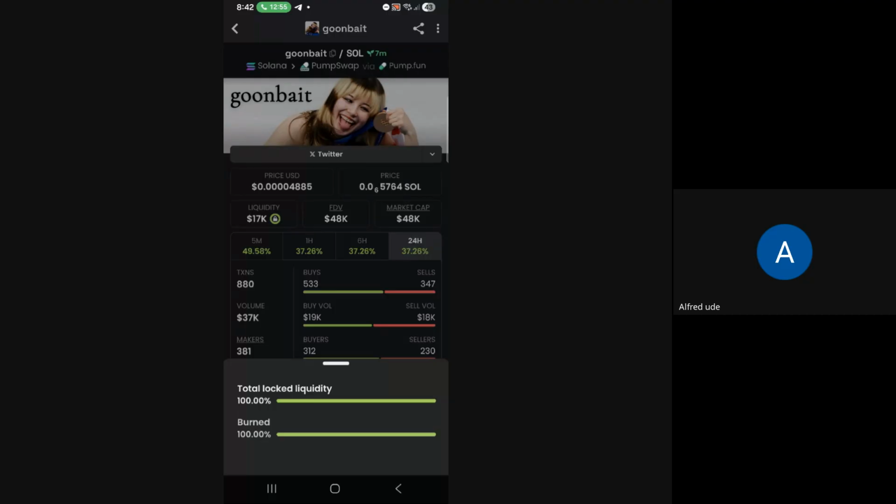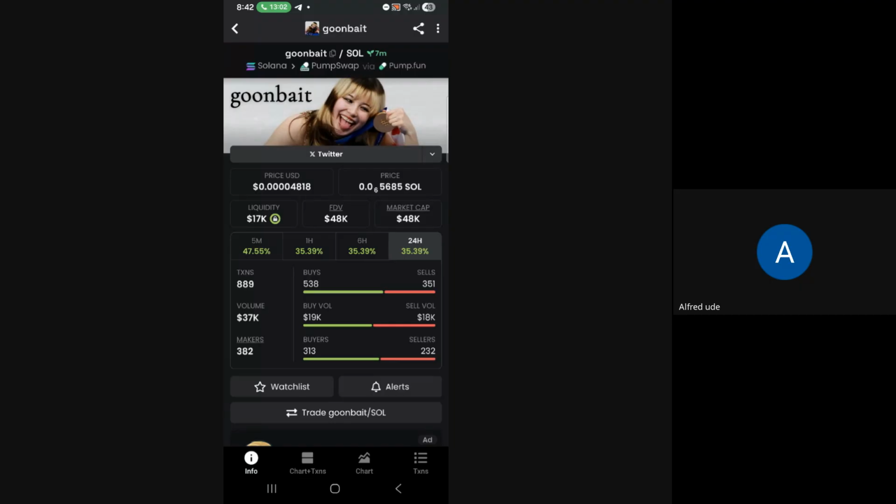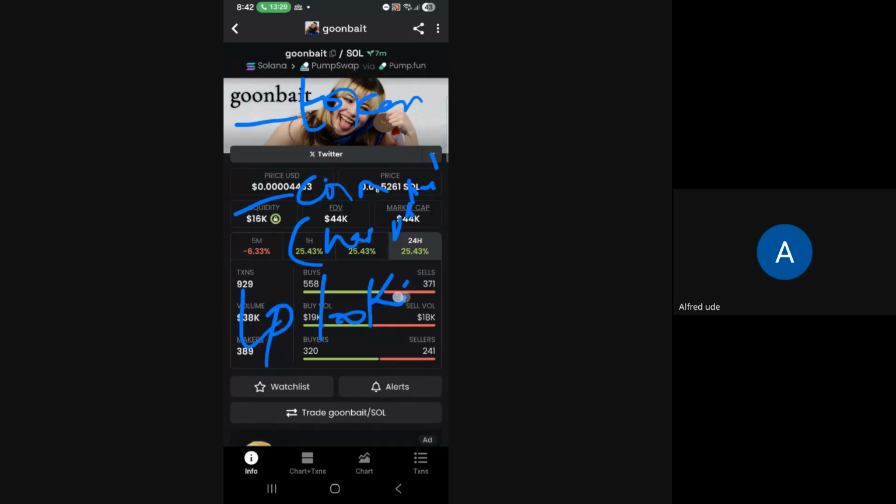But when a liquidity is burnt, this is what happens. I told you that once we put a token and another coin, that means this coin has value in a liquidity pool, and you will get what we call an LP token.